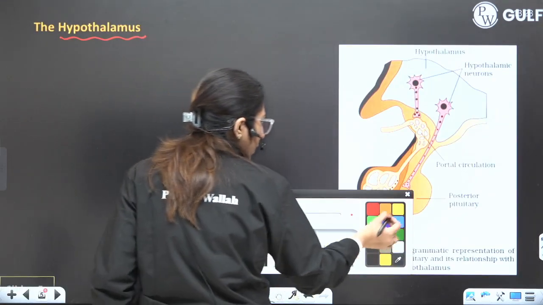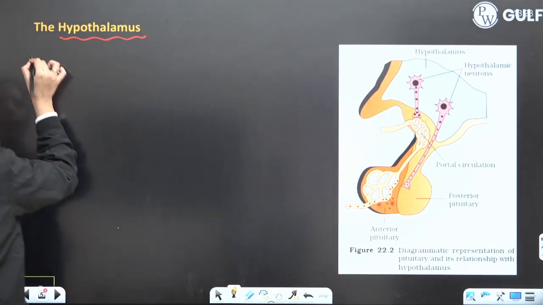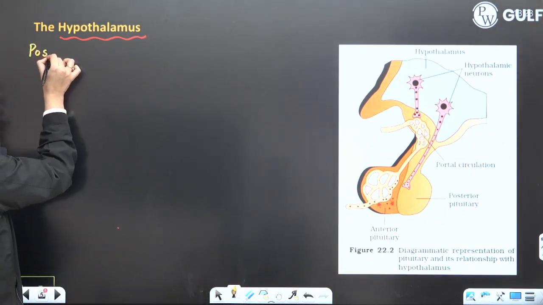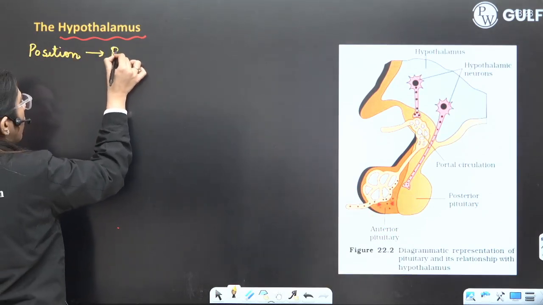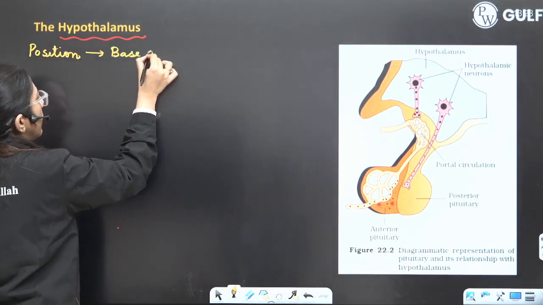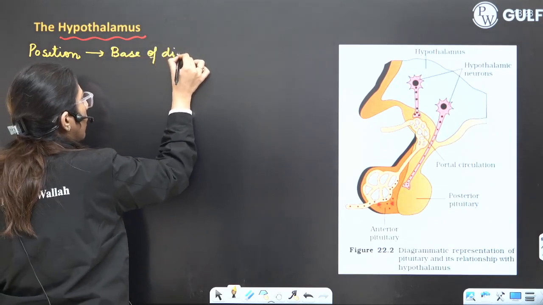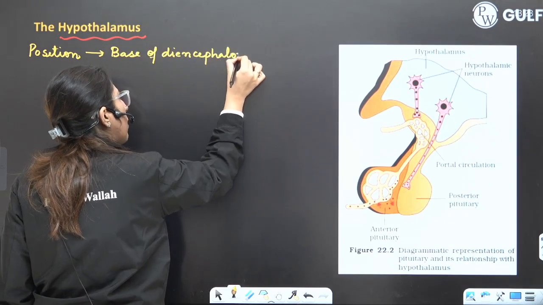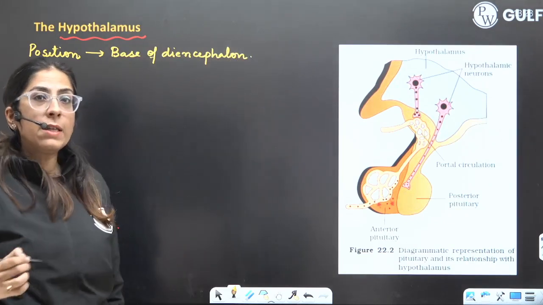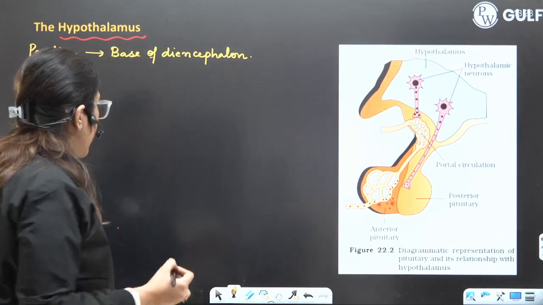If someone asks you the position, first let's talk about the position. Where is this present? This is present at the base of the diencephalon. Right?